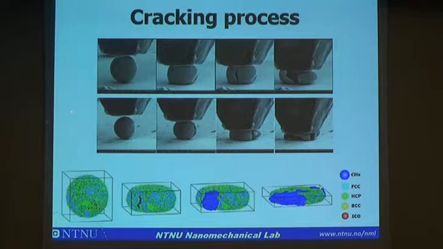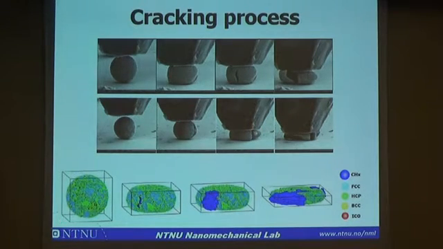And then if we compare this cracking process, this is by the in situ SAM compression with the nano-indentation module. You can see the virgin particle, then a small crack initiated at the equator and propagated along the longitude direction. And the final cracking becomes almost like a pancake, and similar behavior happened.